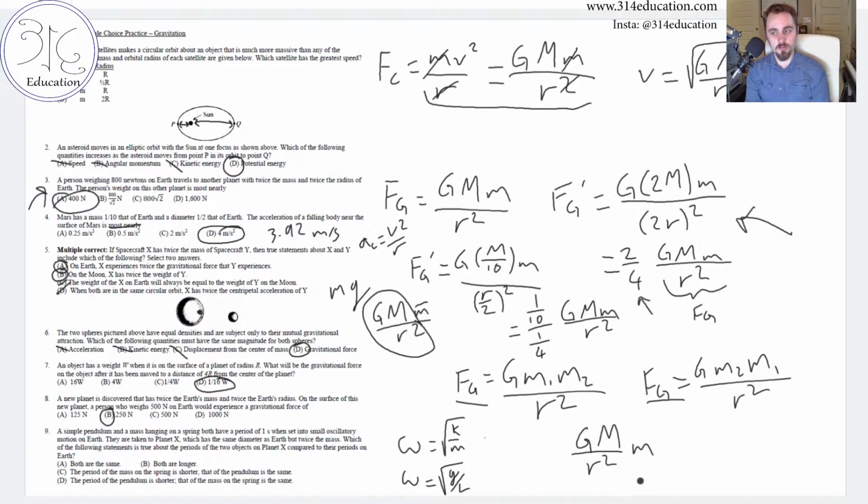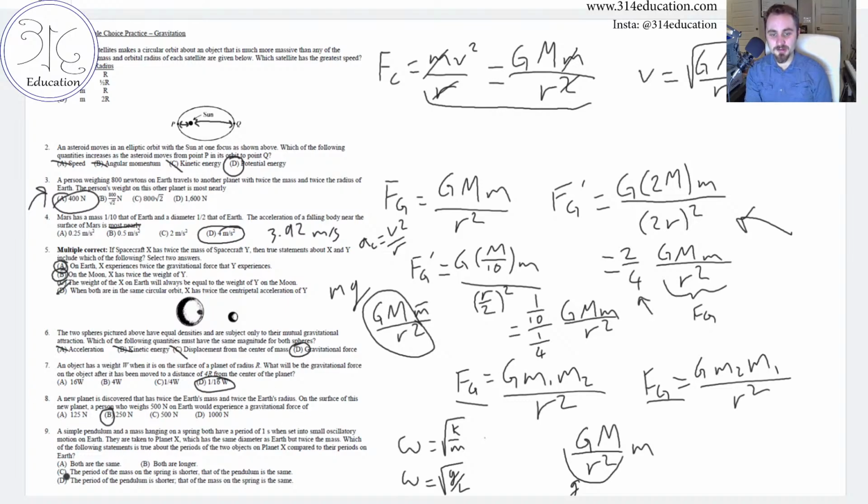When r changes too much and gets too large, this approximation falls out and we have to use the full version. But notice how this g does depend on the mass. So doubling the mass doubles g. If we double g, we double our frequency. If we increase our frequency, we're decreasing our period.